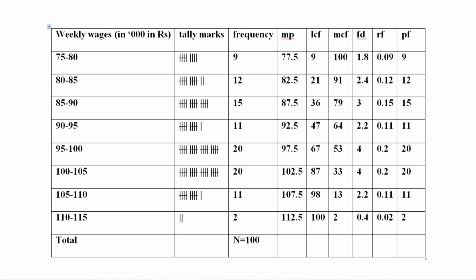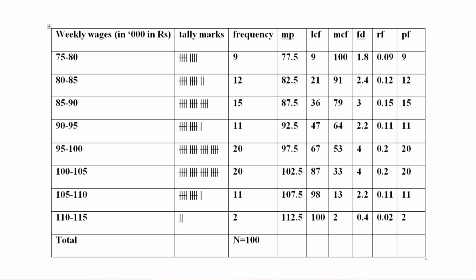Next, we need to compute the midpoint of the class intervals. The midpoint is given by the formula lower limit of the class plus upper limit of the class divided by 2. For the first class, the lower limit is 75 and upper limit is 80. Hence, the midpoint is 75 plus 80 divided by 2, which is equal to 77.5. For the second class, the lower limit is 80 and the upper limit is 85.